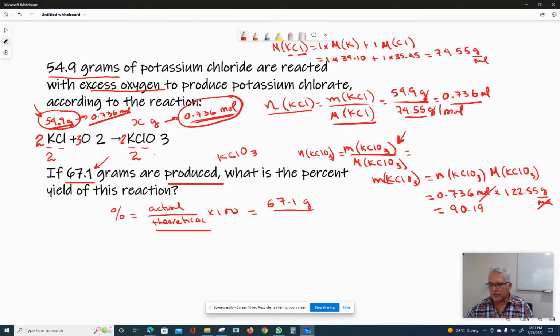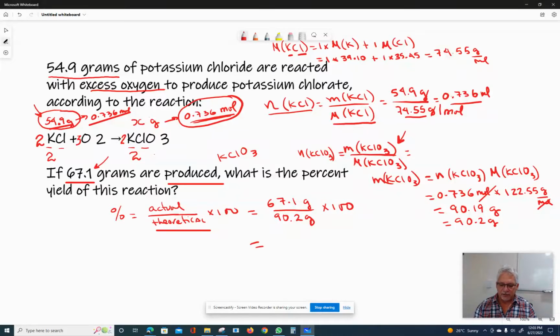We can round to 2 because we are using 3 significant figures here, so you can do the following: 90.2 gram, and that will be your theoretical yield.